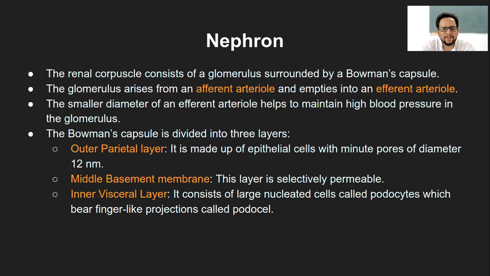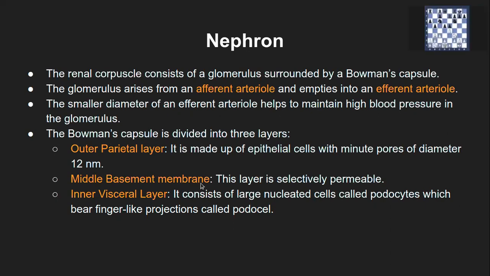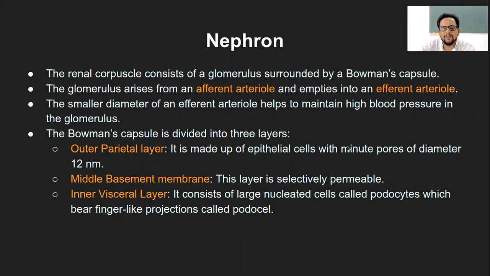Visceral layer usually refers to the cavity layers. So the outer parietal layer is made up of epithelial cells with minute pores of diameter 12 nanometer. So the outermost layer, that is the parietal layer, is made up of epithelial cells, which is a regular type of tissue at most of the lining, with minute pores.